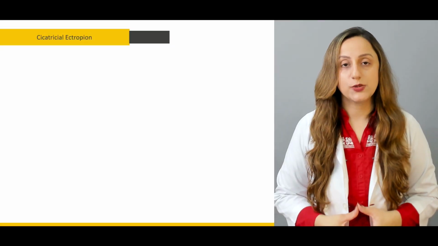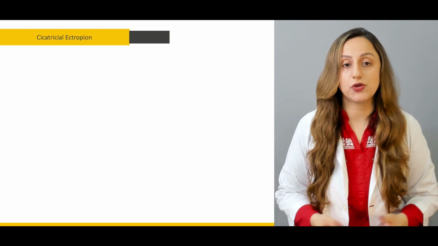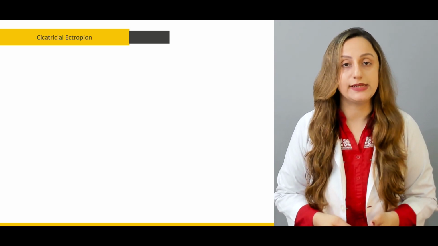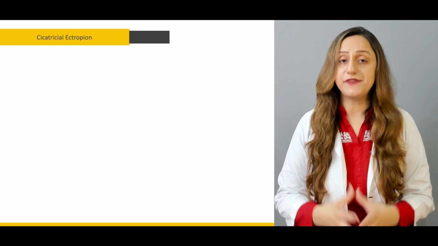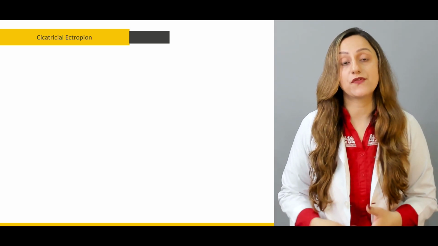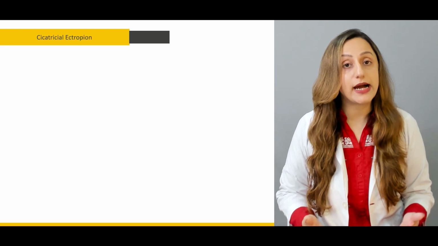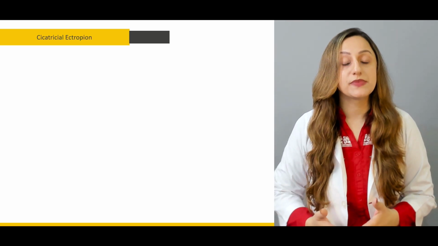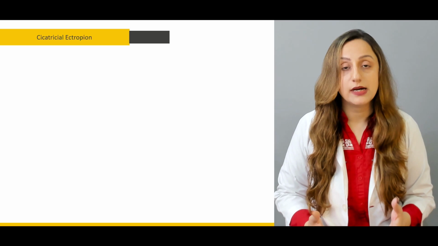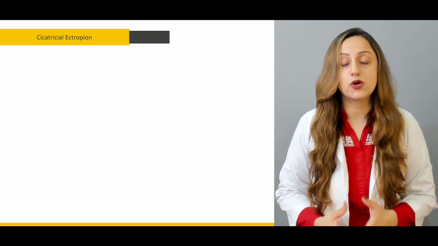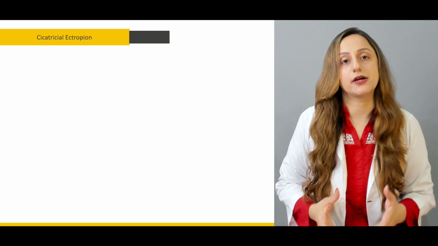On the other hand, we have cicatricial kind of an ectropion that we usually come across. So defining this condition, you have the eversion of the lower eyelid, or even it can be the upper eyelid, and that is associated with the cicatricial phenomena, which basically means the chronic inflammatory changes that are occurring.